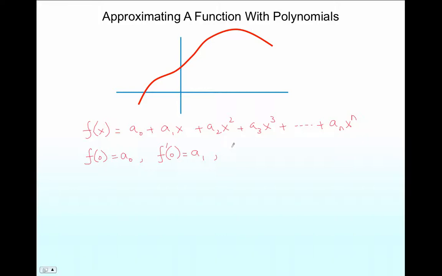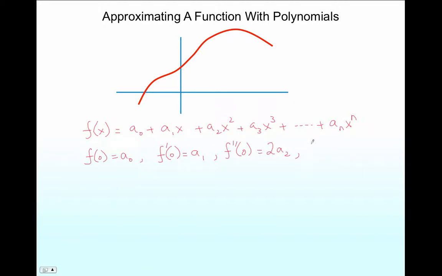Now let's take 2 derivatives and put x equal to 0. So the first 2 terms will be eliminated, but the second one will give us 2a2, and the remaining terms, once we put x equal to 0, will be 0.